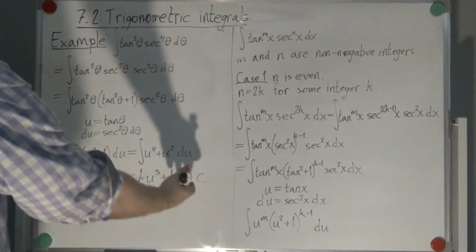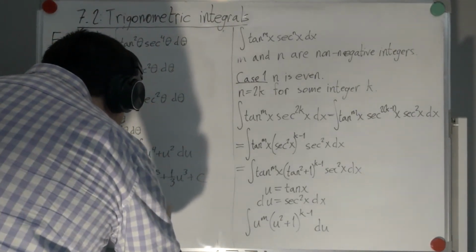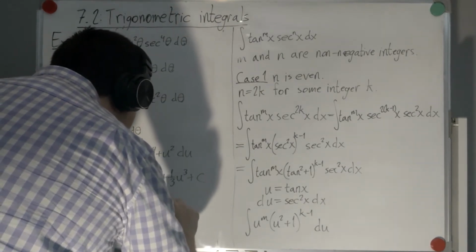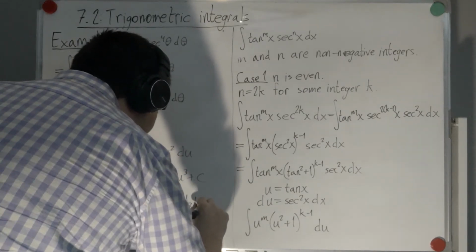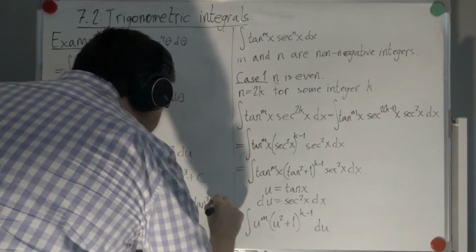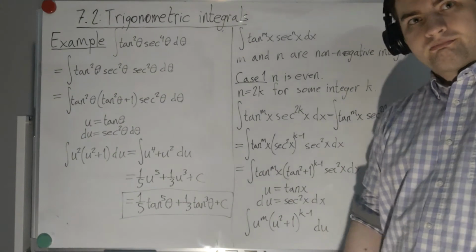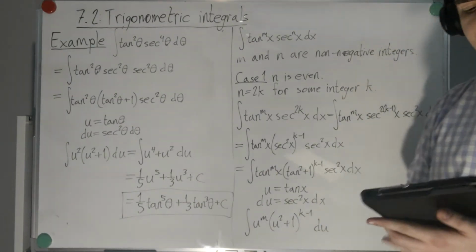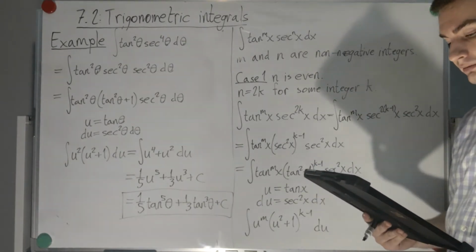And as we said, u is just a name for tangent theta, so this is the same as 1/5 tangent to the fifth theta plus 1/3 tangent to the third theta plus c. And that is our indefinite integral. All right? So that handles the case where n is even.